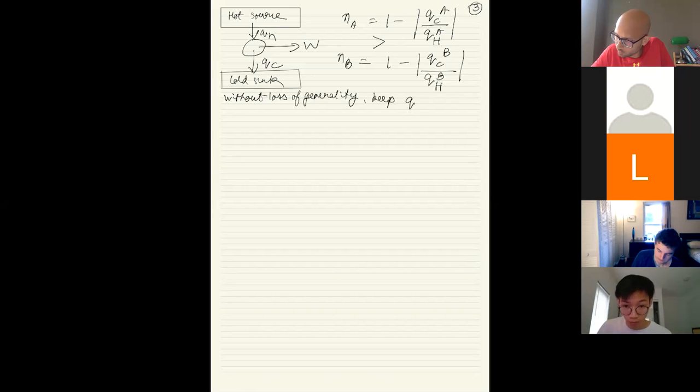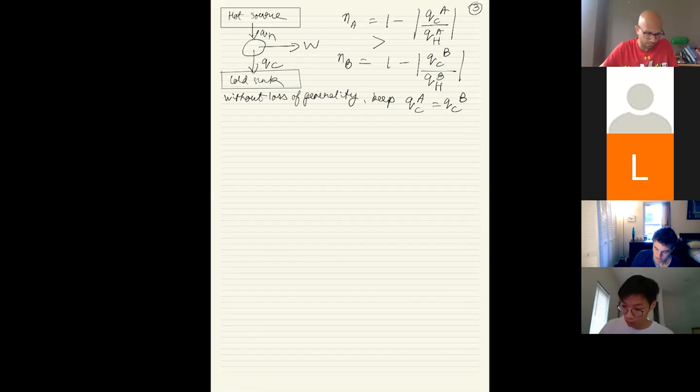Otherwise, the system has too many free parameters. So we say QCA is equal to QCB. Okay, so it is the same cold sink into which we are dumping heat. If we didn't want to do this, we could have kept the hot source at the same temperature, but one of them has to be kept at the same temperature. It does not really affect our argument. So let's say the cold sink is at the same temperature.